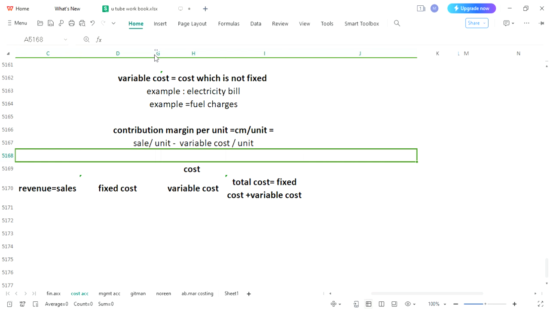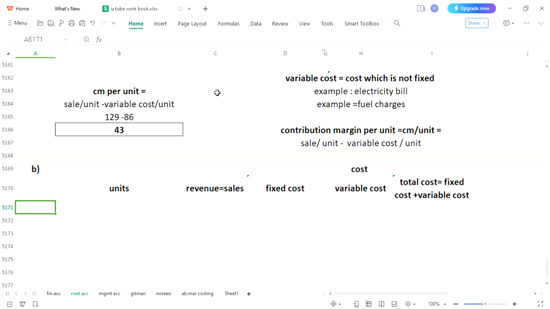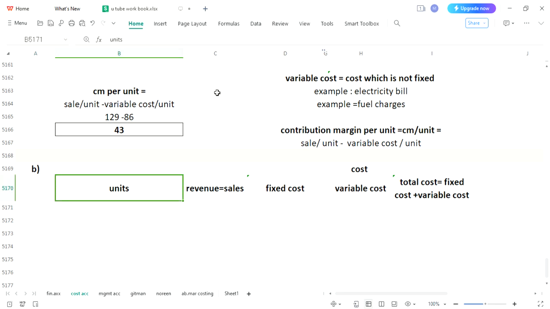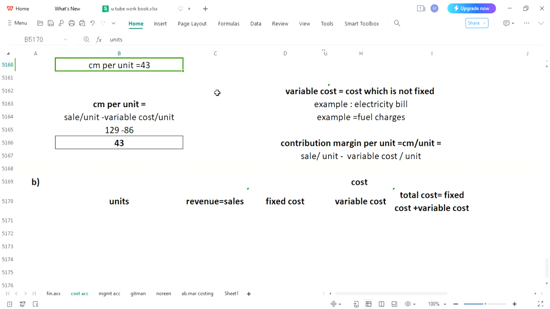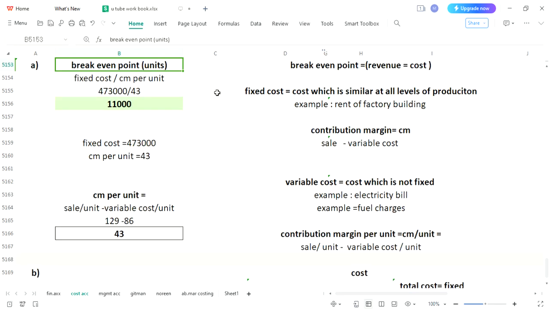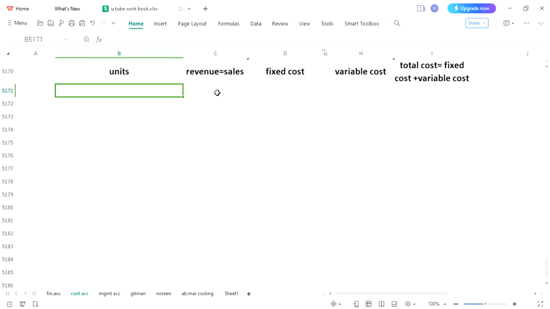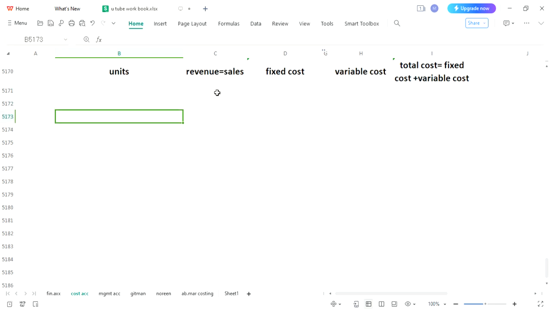We are not concerned with the upper part, and from here we will start our graph. Now please understand, you have calculated your break-even number of units. Those are 11,000. So focus on what I am going to say. Whatever number of units you have calculated as break-even units, you will use 1, 2, 3 lines to make your graph.